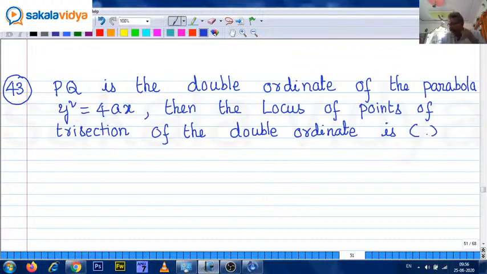So these type of questions are very important. So what is the answer? Now tell me this question answer, the 43rd question. I will wait for a few minutes.